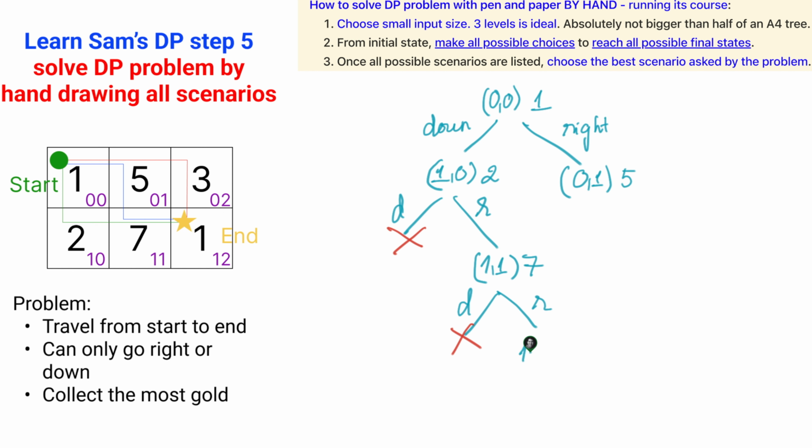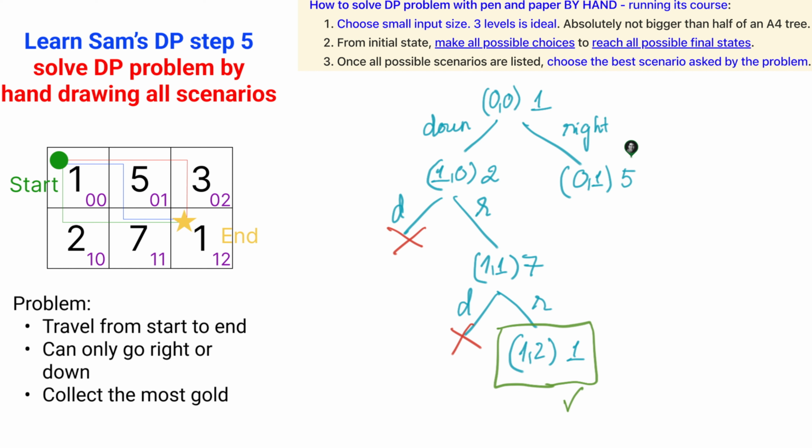And that is cell 1, 2, with the goal of 1. And then we hit the final state of the end cell. This is the desired final state that we want. Next, we're gonna keep changing state from this state to reach all possible final states.